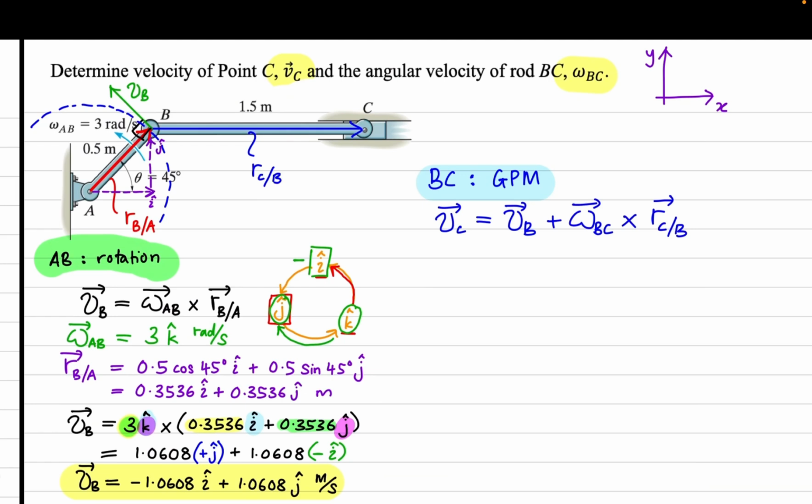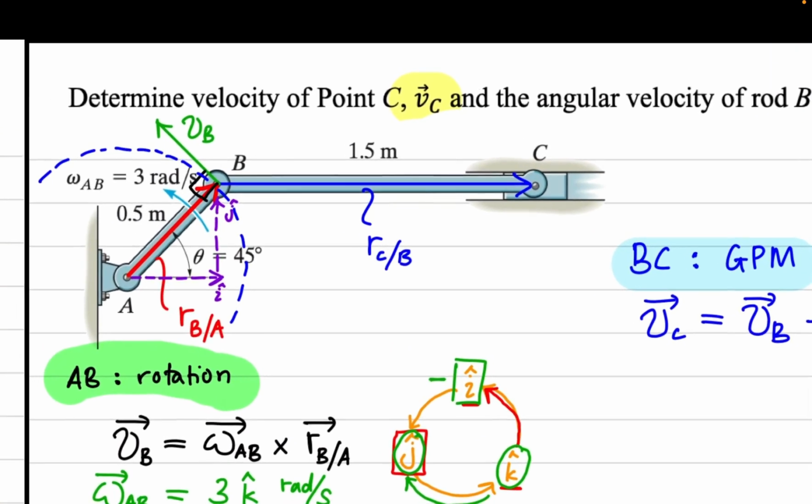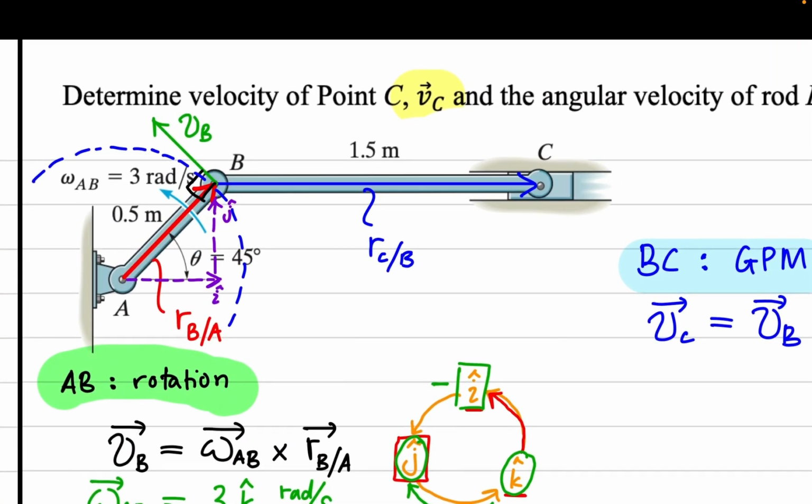And before we proceed, if we look at this figure here, when AB is rotating anti-clockwise like this, what will happen to point C? Our expectation is that point C will move to the left. So this is our expectation of the direction of velocity VC.